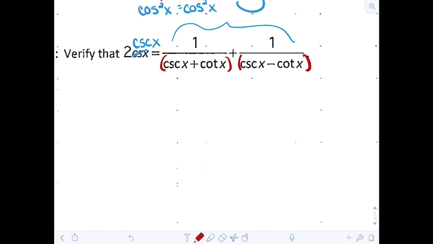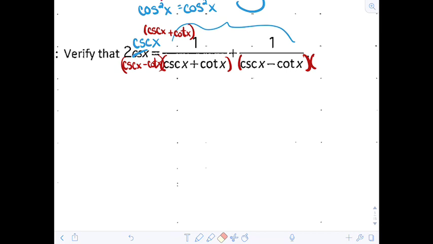So on the 1 over cosecant of x plus cotangent of x, it's going to be hard to squeeze it in here, but it's going to be cosecant of x minus cotangent of x on the top and the bottom. So I'm going to multiply by cosecant of x plus cotangent of x on the top. And over here, I'm going to multiply, whoops. Sorry guys.